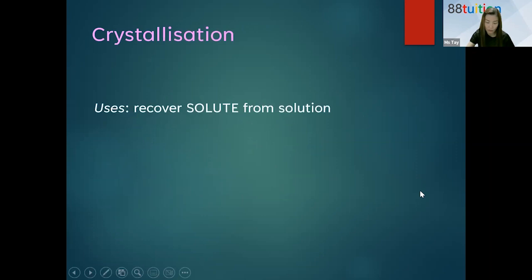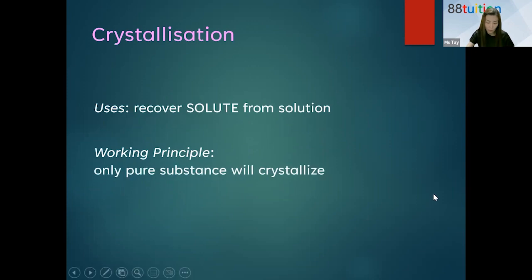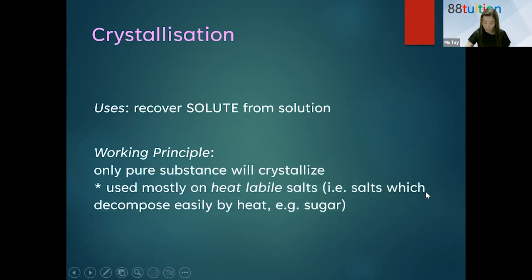We use it to recover the solute, which is the solid that is soluble in the solvent. Working principle: only pure substance will crystallize. Very interesting. We carry out crystallization mostly on salts that are heat unstable, so they decompose upon heating.